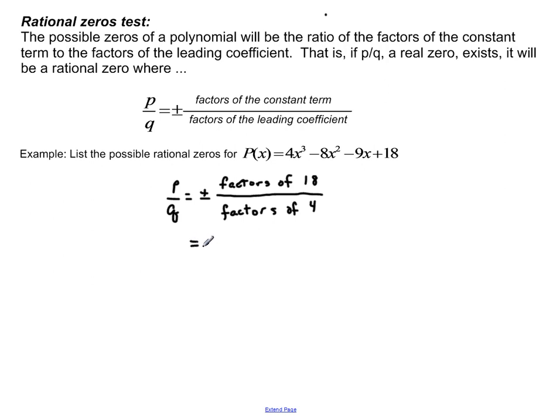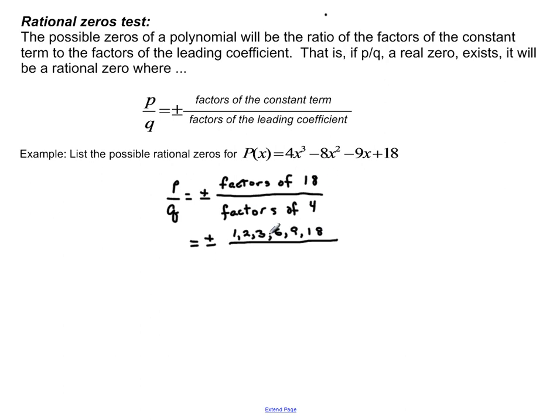All right, so what does this do? Well, we're going to list out our factors. What are some of the factors of 18? Well, we know that 1 is always a factor of every number, so we include that in our list. So is 2, because 2 times 9 is 18. So is 3, because 3 times 6 is 18, and 6, because of 6 times 3. 9 and 18 are all factors of the constant 18.